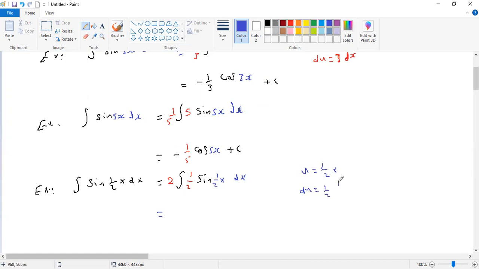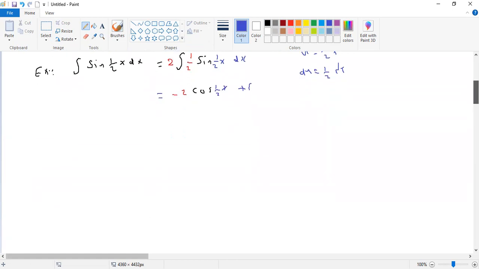It is half dx. So the integral of sine u du is minus cosine u, where u is half x, plus c. Okay, this relates to sine to the power 1.